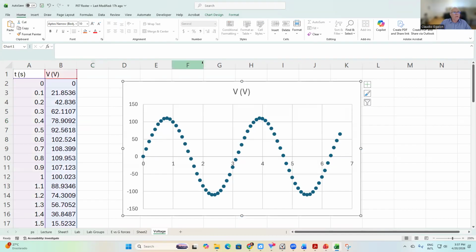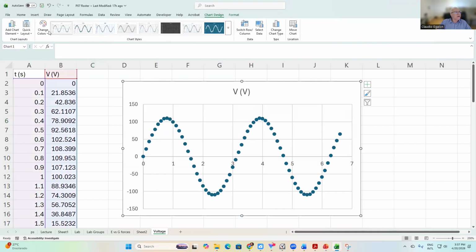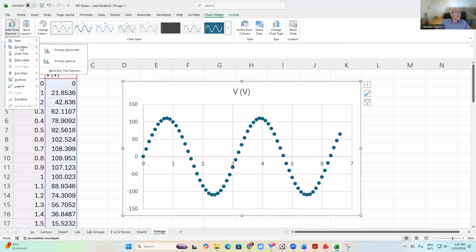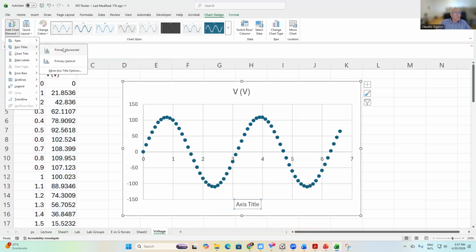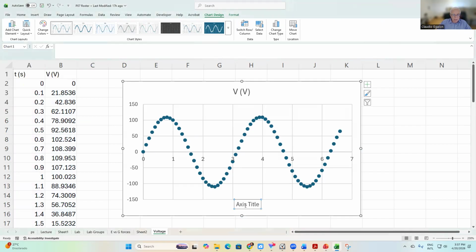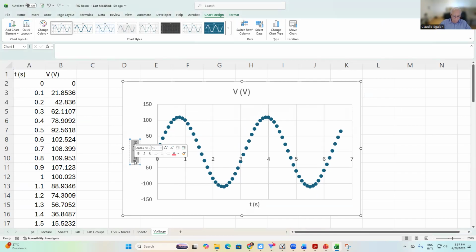I'm going to put chart design here, chart element, axis title, primary horizontal is going to be T, okay? T in seconds. And axis title, primary vertical, voltage in V, okay? Both in bold face.